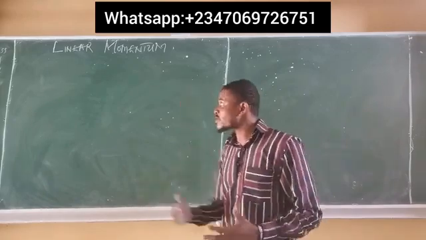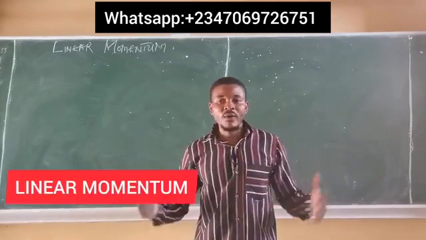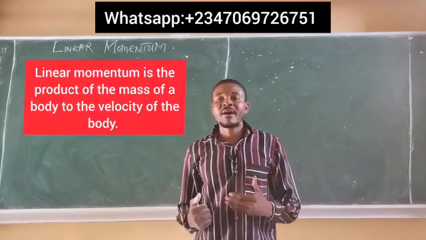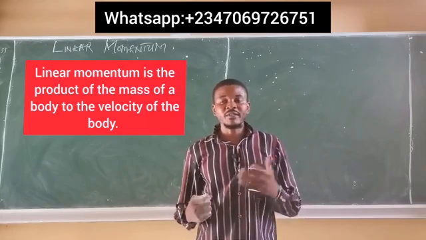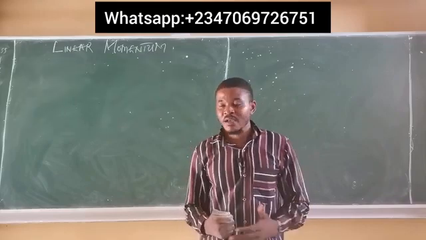All right, so the second topic we are going to be dealing with is linear momentum. Now, what is linear momentum? Linear momentum can be defined as the product of the mass of an object and the velocity or speed of the object.